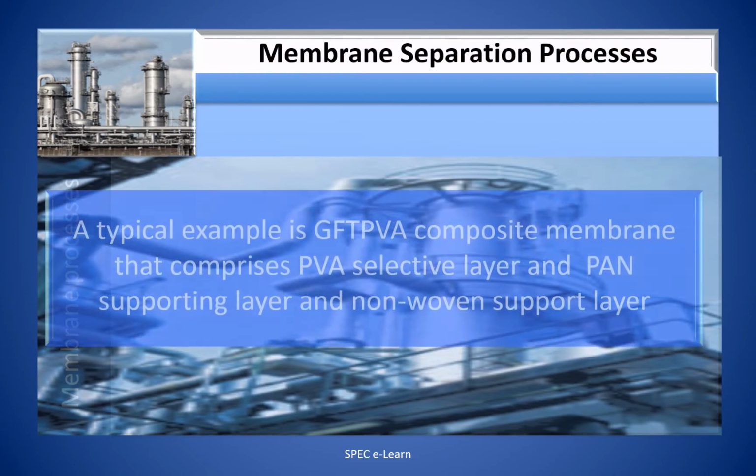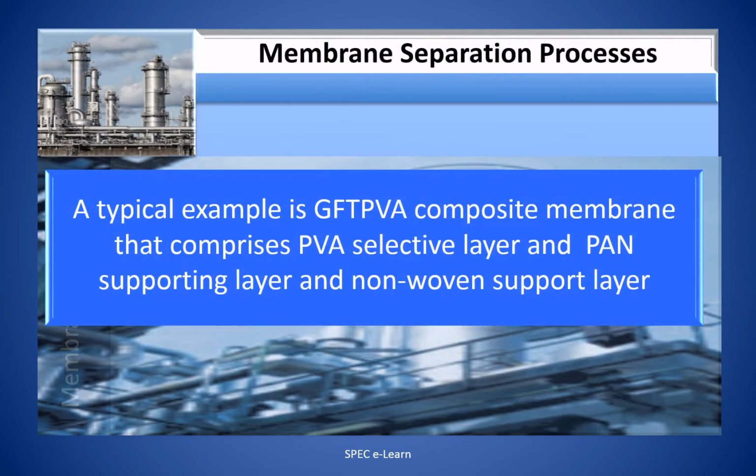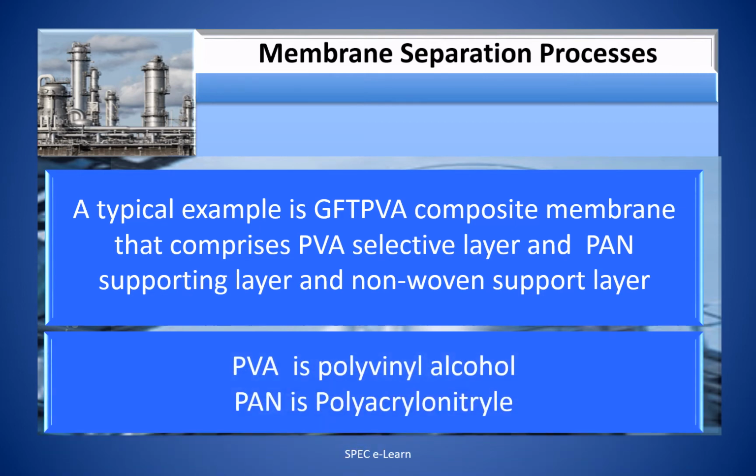A typical example is a GFT PVA composite membrane that comprises a PVA selective layer, a PAN supporting layer and a non-woven support layer. PVA is polyvinyl alcohol, PAN is polyacrylonitrile.